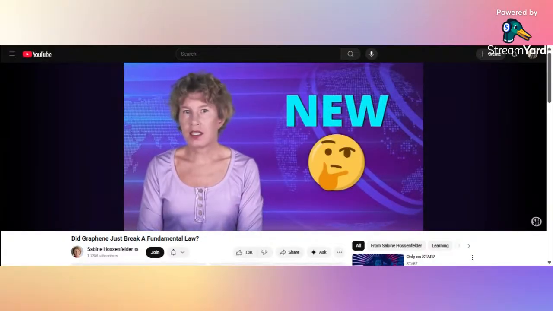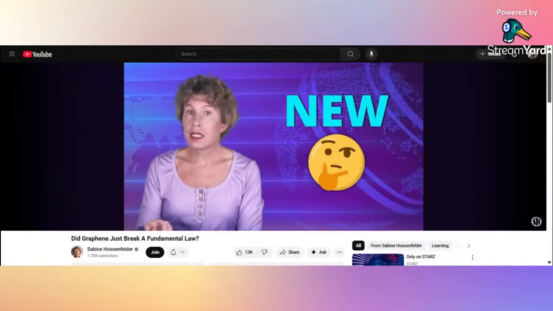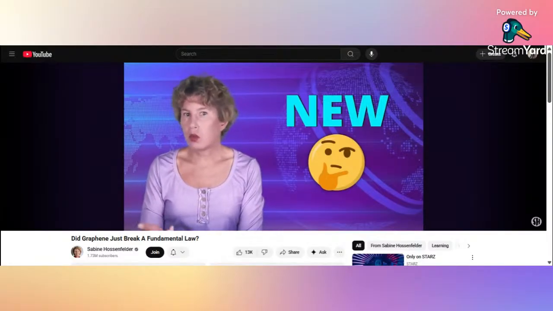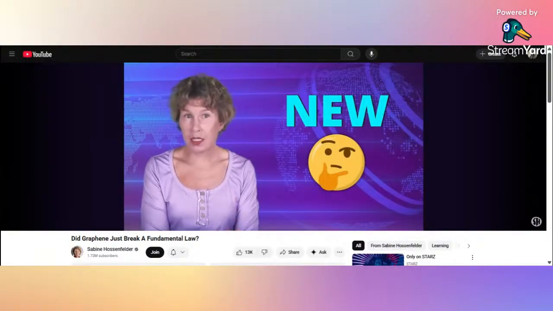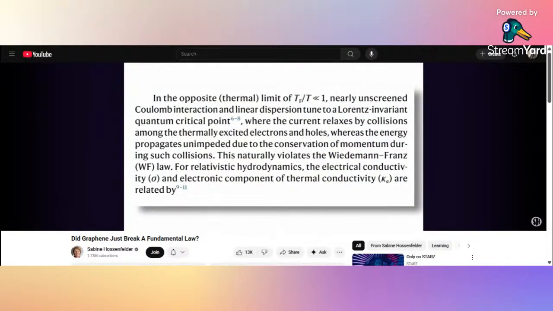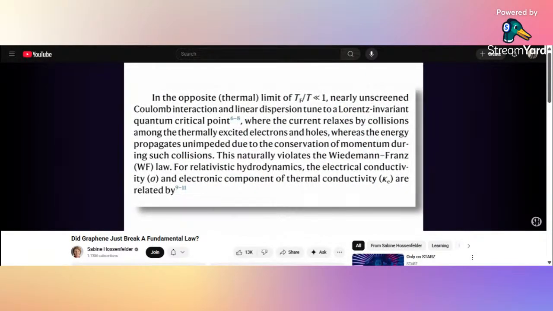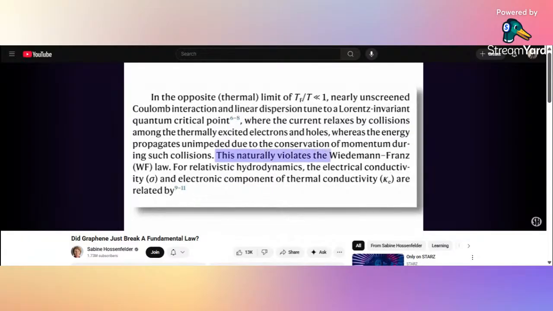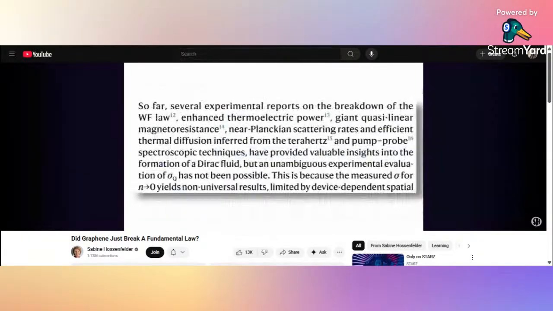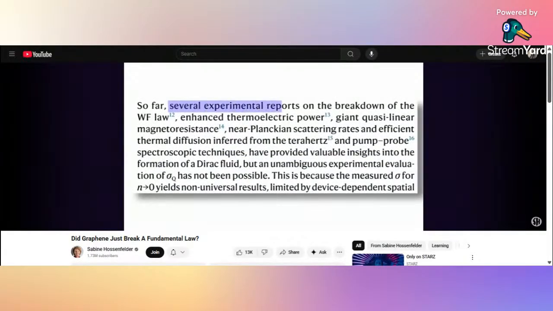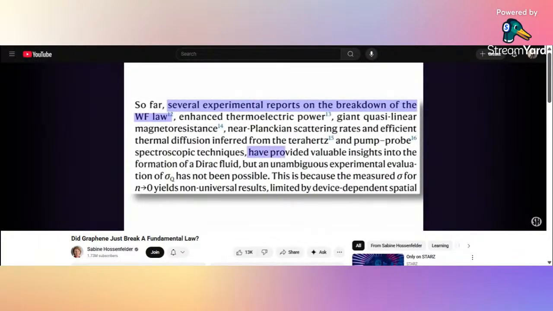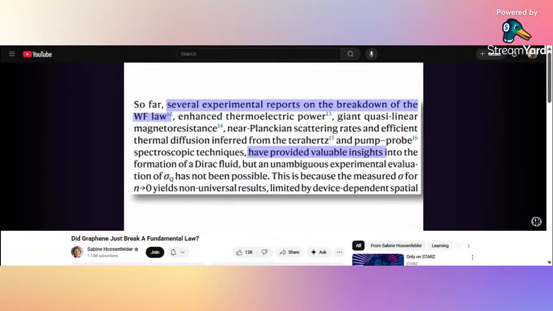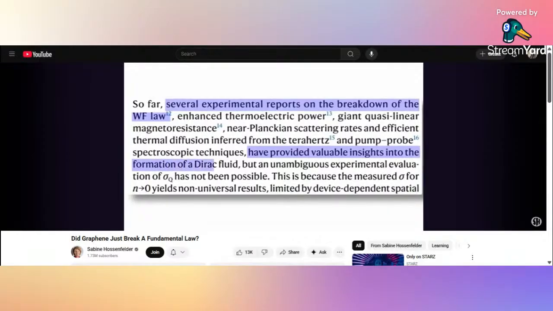The brief summary is it isn't new because it's been measured before. Indeed, it's interesting to look at what they write in the paper as opposed to the press release. In the paper, they write that a material like graphene naturally violates the Wiedemann-Franz law and that several experimental reports on the breakdown of the Wiedemann-Franz law have provided valuable insights into the formation of a Dirac fluid.